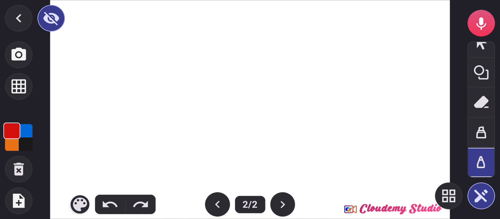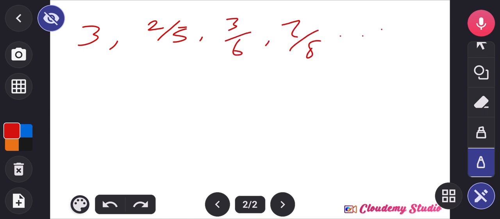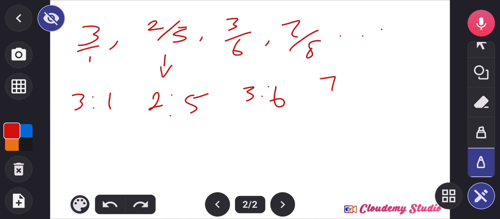For example, 2 over 5, 3 over 6, 7 over 8, and so on. This is the meaning of ratio. This 3 is the same thing as 3 over 1. So this one is the same as 2 ratio 5, this one is the same as 3 ratio 1, this one is the same as 3 ratio 6, and this one is the same as 7 ratio 8.